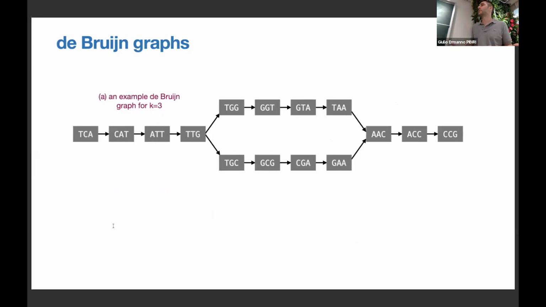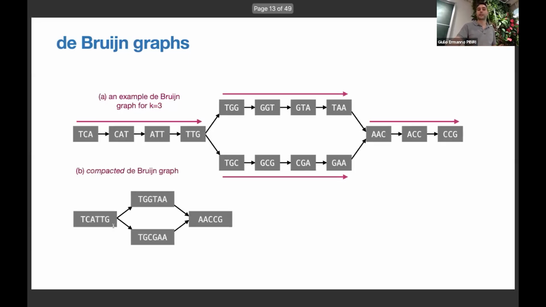Because again, of course, note that we're replicating a lot of symbols. So all the overlaps here are redundant. So I guess everybody can immediately say that, well, we can, of course, glue together all the k-mers along non-branching paths in the graph.